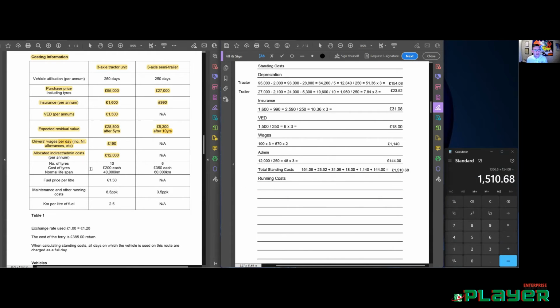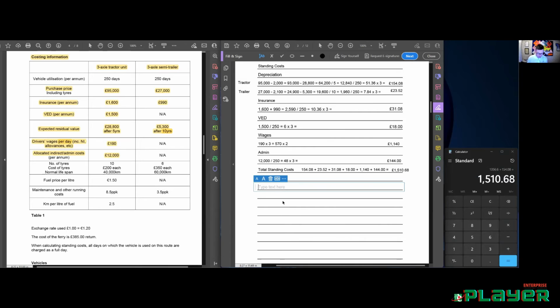Now, in this case, when I look across my chart here, I'm going to have to work these two out differently because the tractor unit has 10 tyres at £200 each and they do 40,000 kilometres. The semi-trailer has 6 tyres at £350 each and they do 60,000 kilometres. So I can't really lump them together, so I'm going to do them separately.